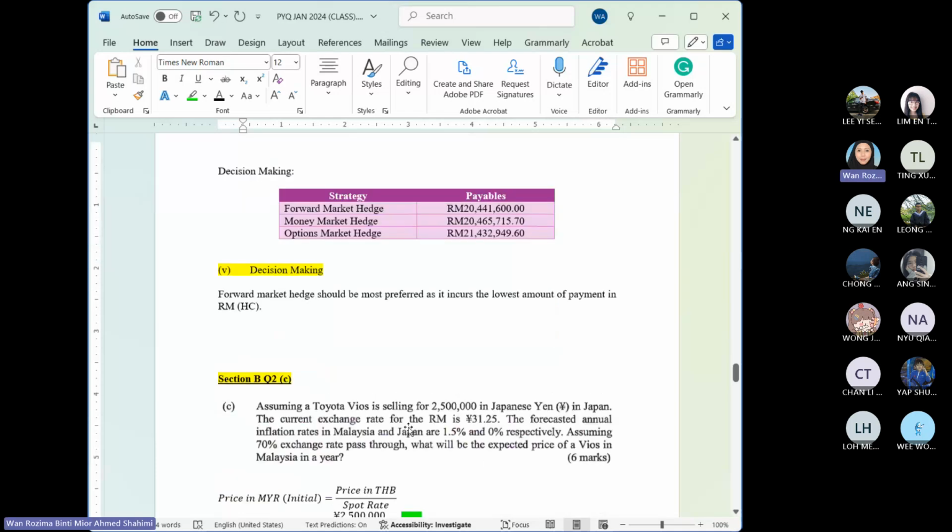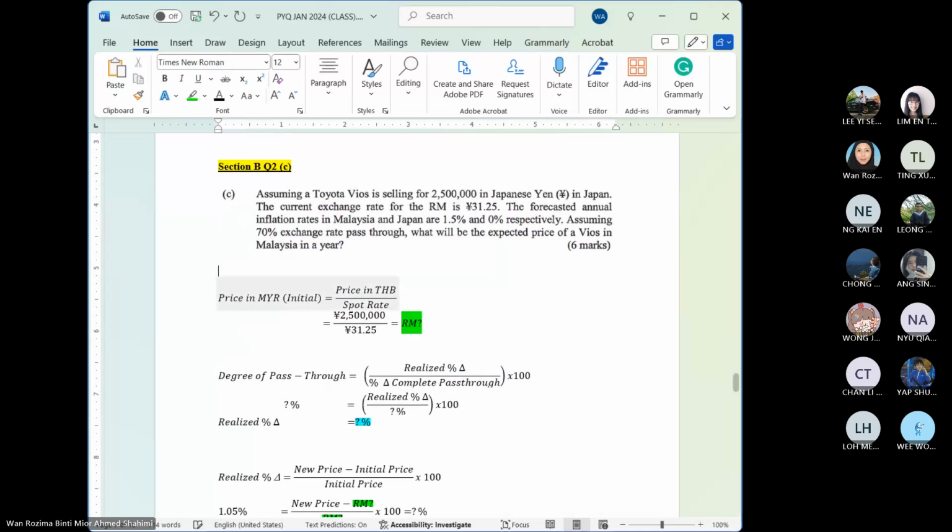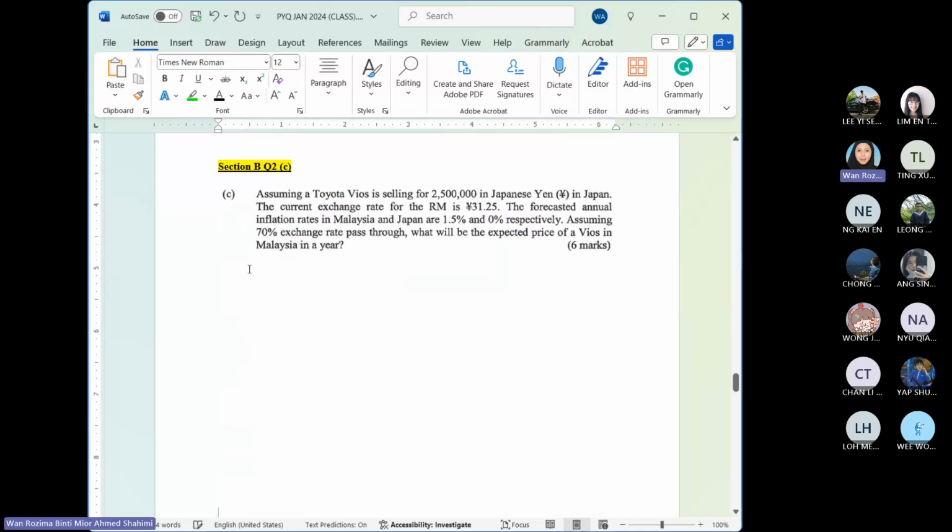Okay, so then section 2, question 2C. Assuming a Toyota Vios is selling for 2.5 million yen in Japan, the current exchange rate is 31.25 yen per Malaysian ringgit.